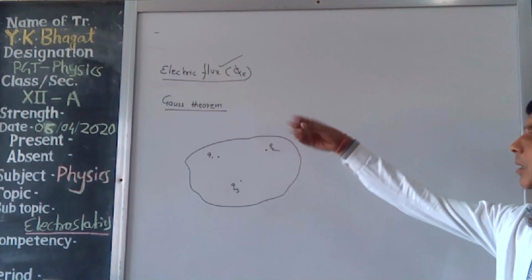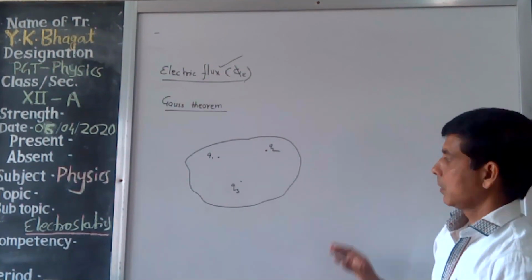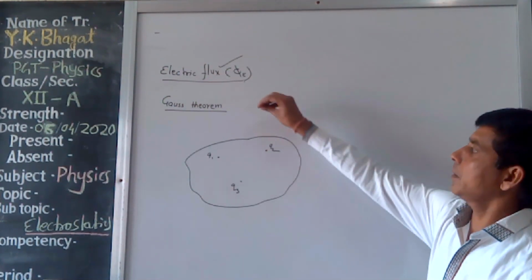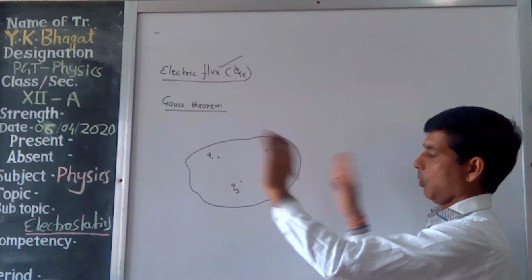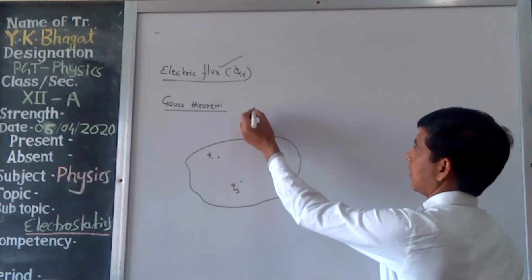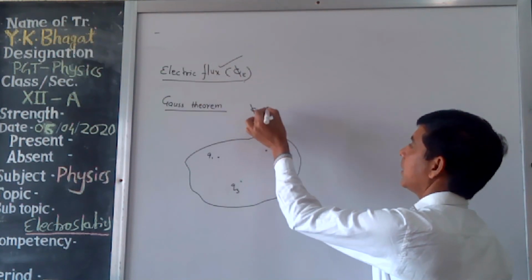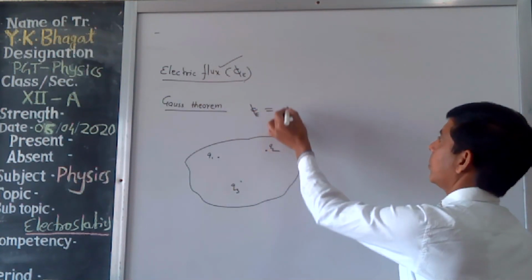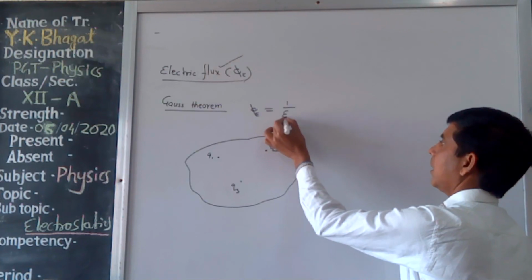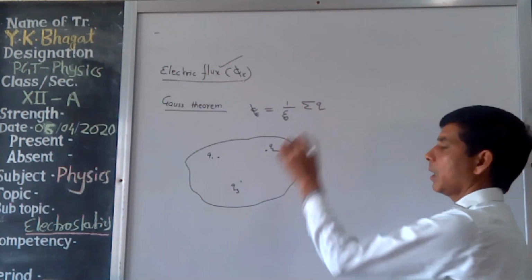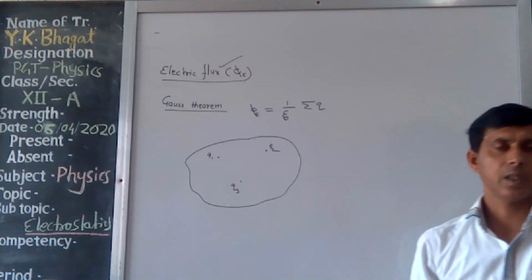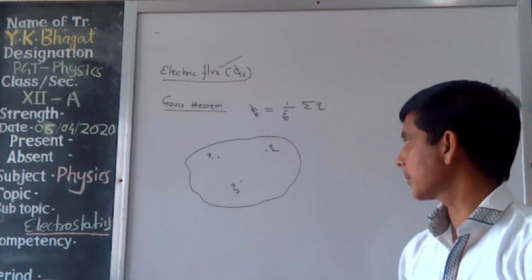It may be positive, negative, or both. Then according to Gauss theorem, the total flux passing out through this closed surface, that means phi, will be equal to 1 upon epsilon naught times the algebraic sum of total charge.